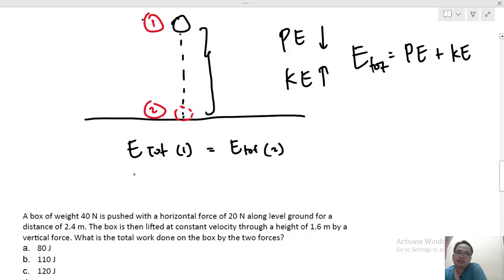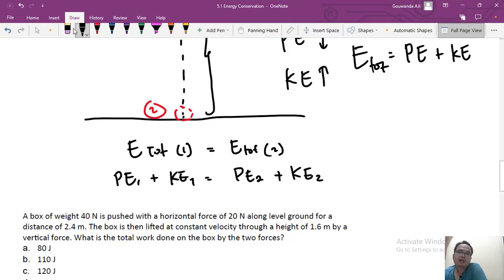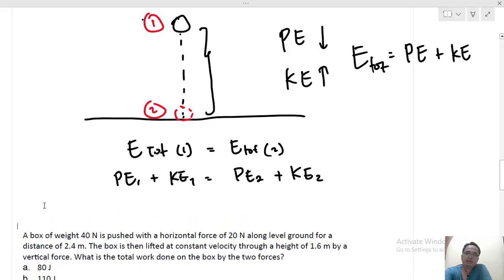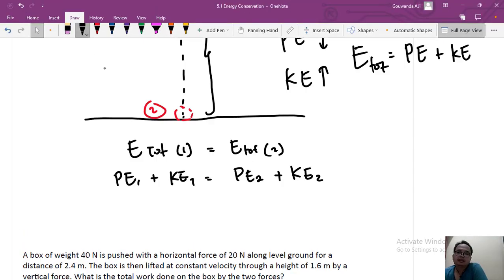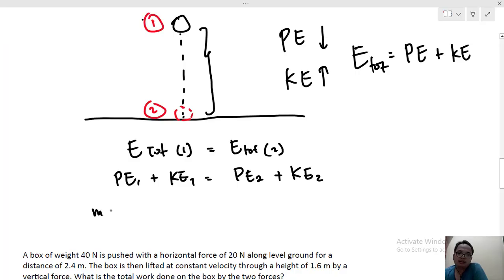We can rewrite it as PE1 plus KE1 equals PE2 plus KE2, or we can derive more: mgh1 plus half mv1 squared equals mgh2 plus half mv2 squared.